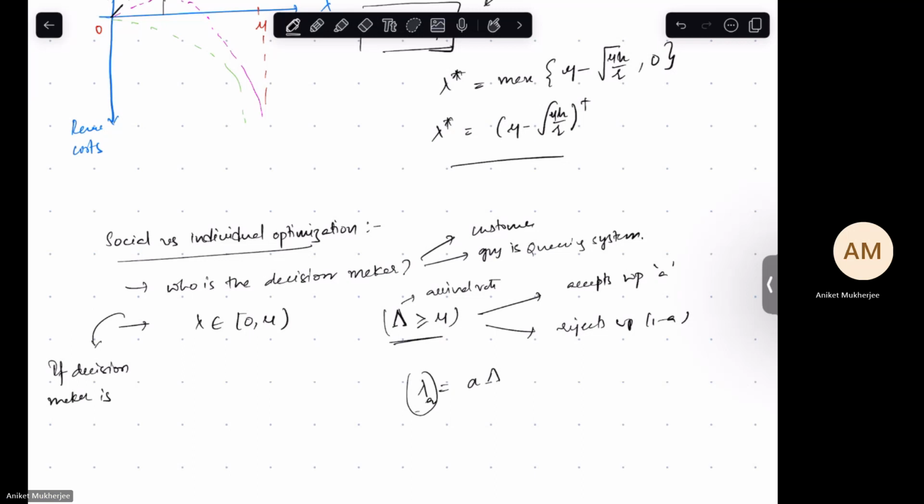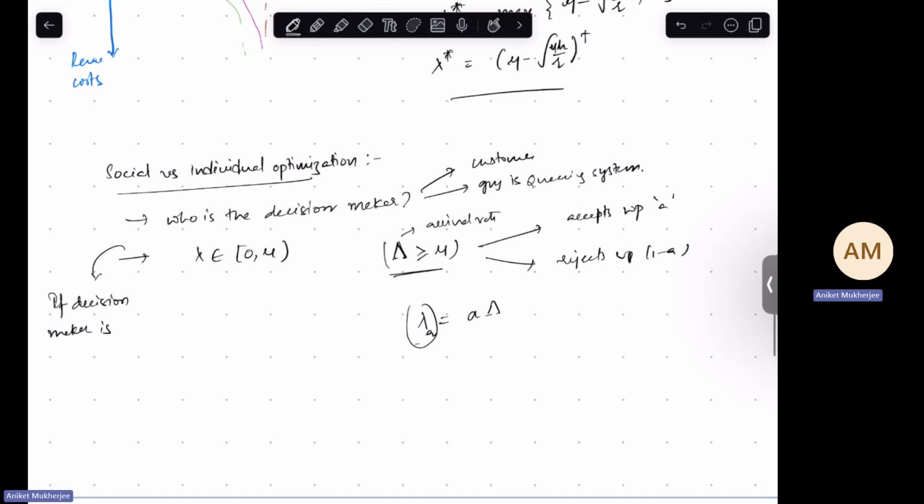So now we have a customer who enters with probability A, so now you have the arrival rate lambda A, right?